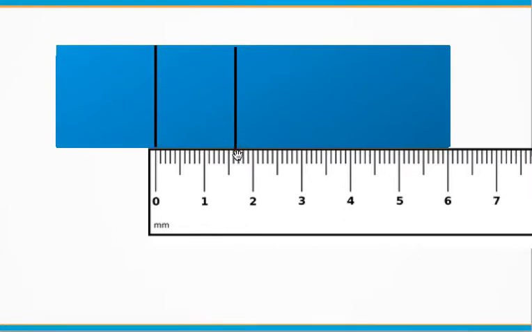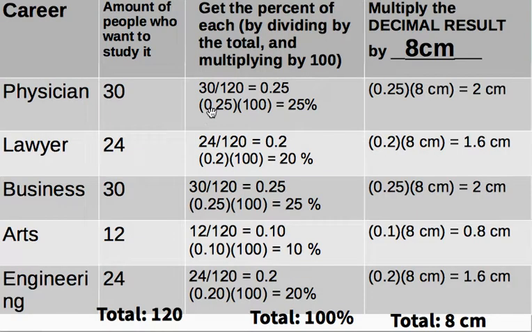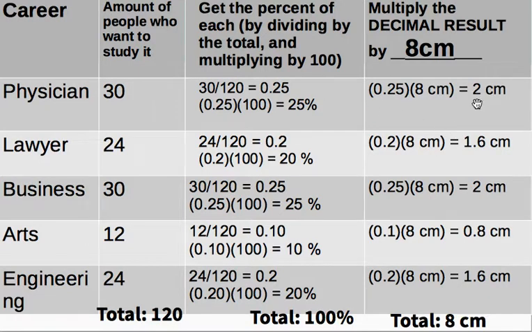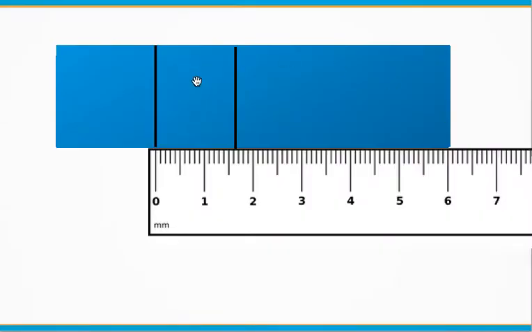It's approximate, so don't worry about it. So this is my category for the lawyer. I now have physician, 2 centimeters, and lawyer, 1.6 centimeters, which is right there.